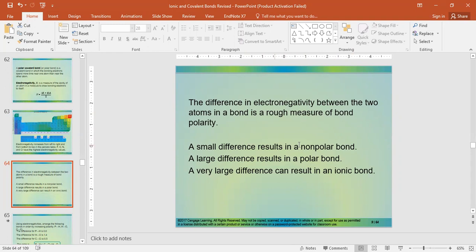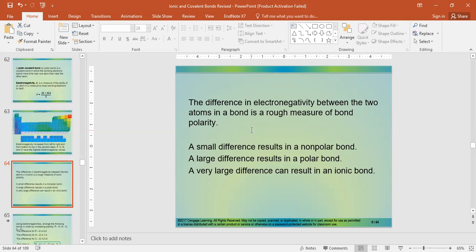When the difference is small, then the bond formed is non-polar. Sometimes the difference is even zero, like when you have hydrogen and hydrogen, these are two elements of the same electronegativity. And therefore, the difference in the electronegativity is going to be zero.